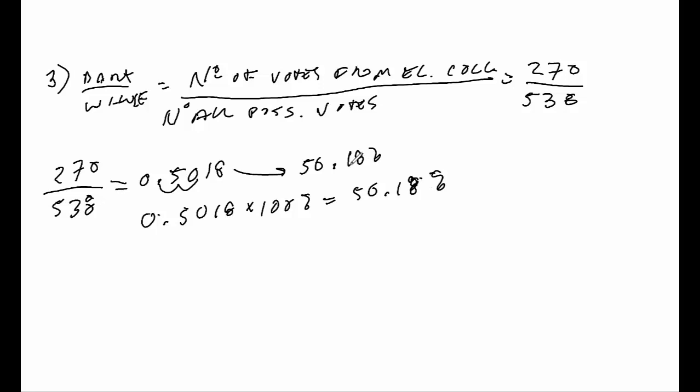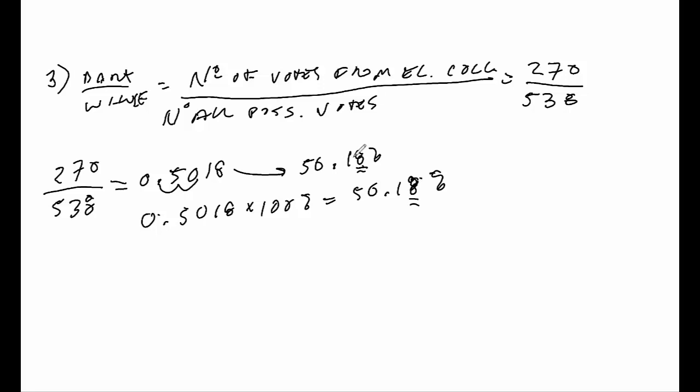Now the question also asks us to round to the nearest tenth. So here's the tenth and here's the hundredth place. We see in the hundredth place there's an 8. We want to figure out, should that 1 remain a 1, or do we round it to a 2? According to rounding rules, if the digit next to it is 5 or over, then this one will go to 2.